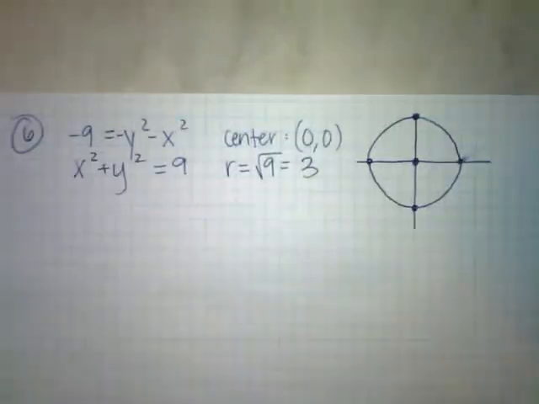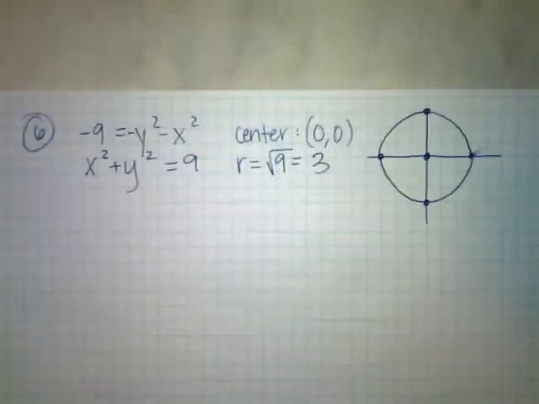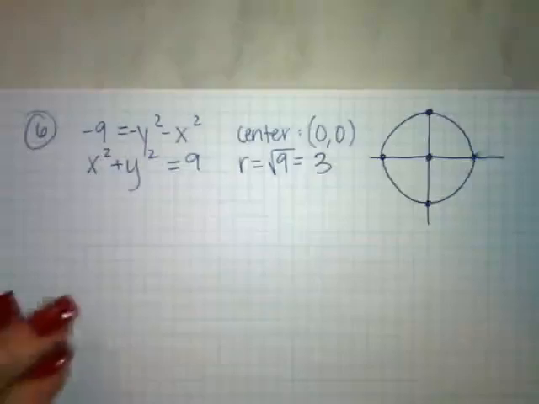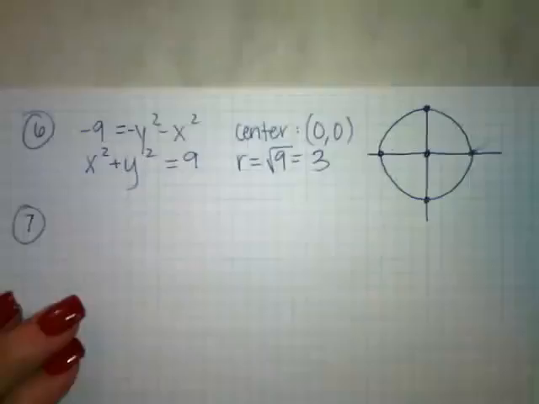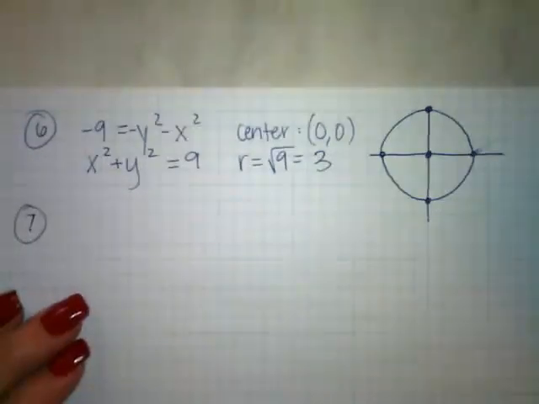Okay, let's go ahead and move to question 7. It says for the directions in this section, find each equation in standard form, then find the circumference of the even questions. So that's not going to apply to 7. For 7, it looks like we're just finding the equation in standard form.